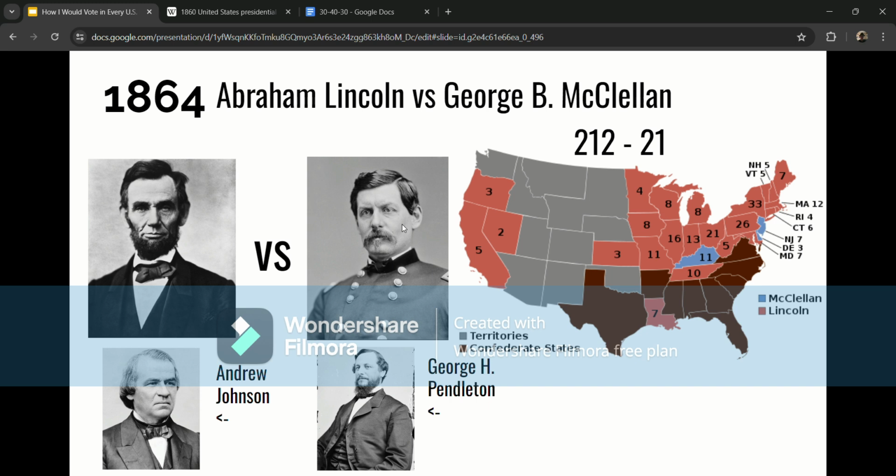McClellan, his reputation today is known as being a general under the Lincoln administration very briefly during the beginning portions of the Civil War, who was later fired due to incompetence. Never held political office prior to this election.